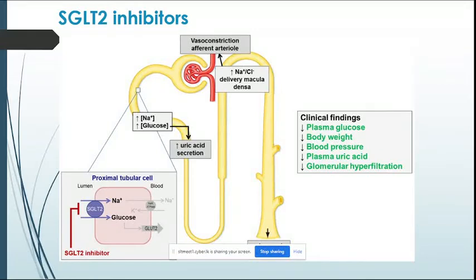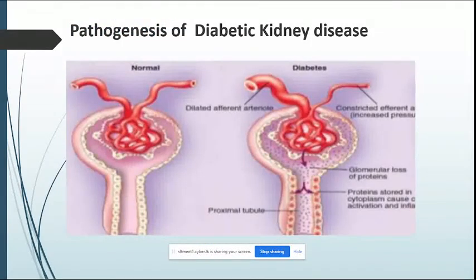They work at the proximal tubule, and in addition to glycosuria, we have natriuresis. Because of the increased sodium in the distal convoluted tubule, it is sensed by the macula densa, which in turn causes vasoconstriction of the afferent arteriole, thereby reducing the intraglomerular pressure. This is how SGLT2 inhibitors give additional renal protection.